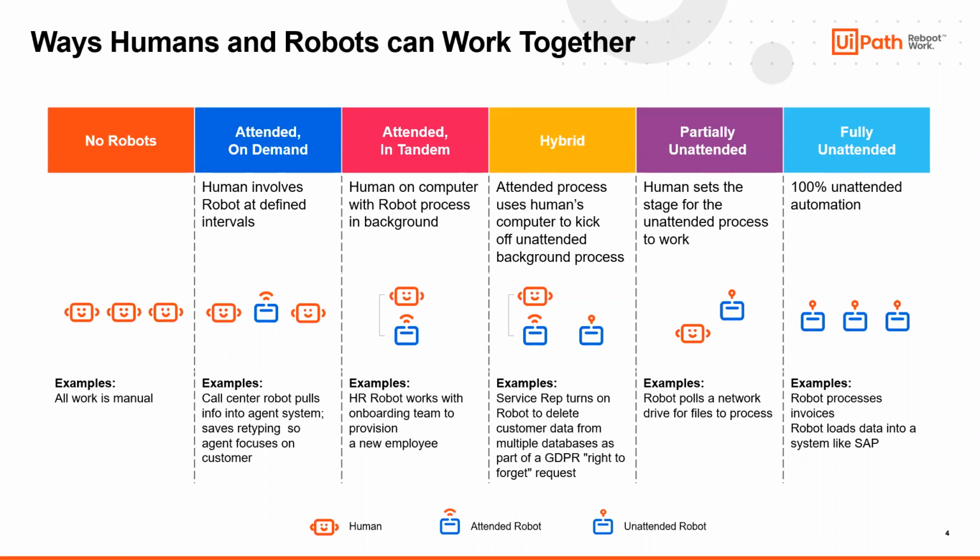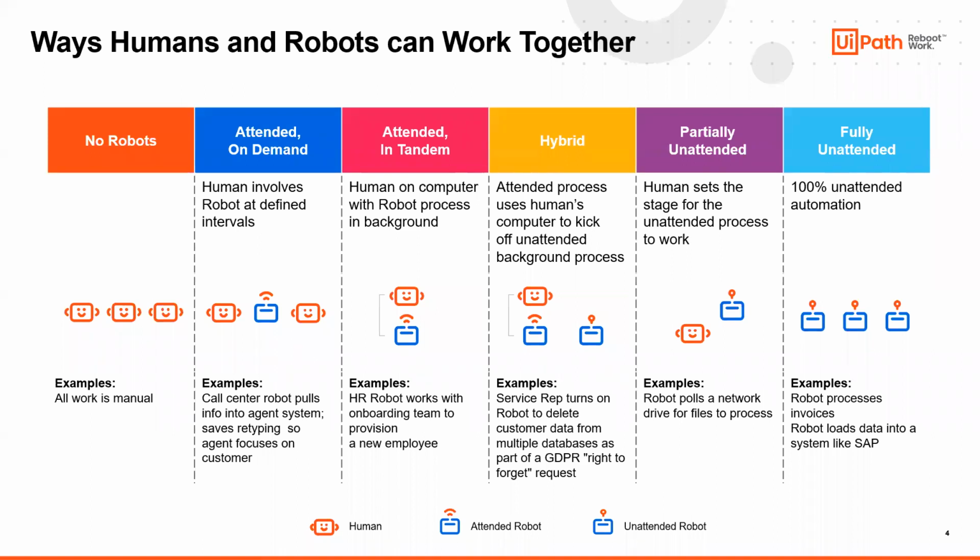We can, of course, have a hybrid automation where attended robots and unattended robots work together. So for example, a user can prepare some input data, have it initially pre-processed by an attended robot, and eventually the attended robot can create queue items that will be handed over to and processed by unattended robots.